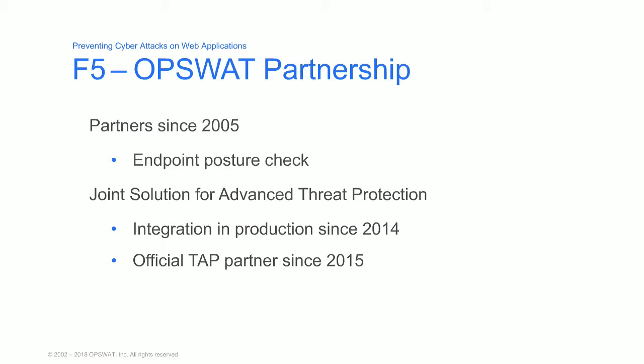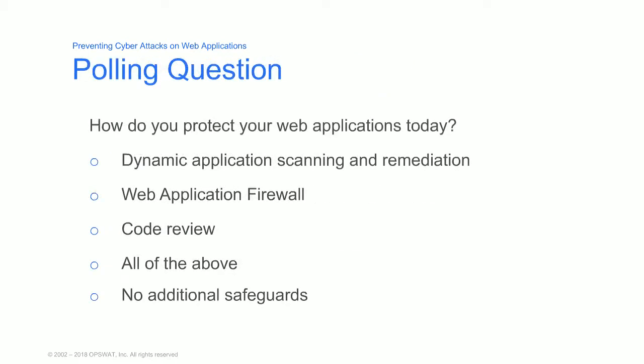We'll go ahead and put this up for you. Hold on just a moment. So the polling question is, how do you protect your web applications today? The answers being dynamic application scanning and remediation, web application firewall, code review, you're doing all of these things, or no additional safeguards.